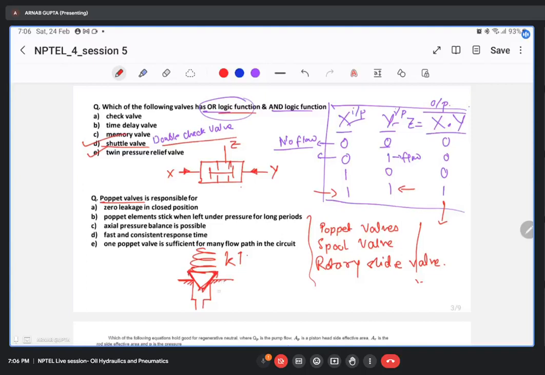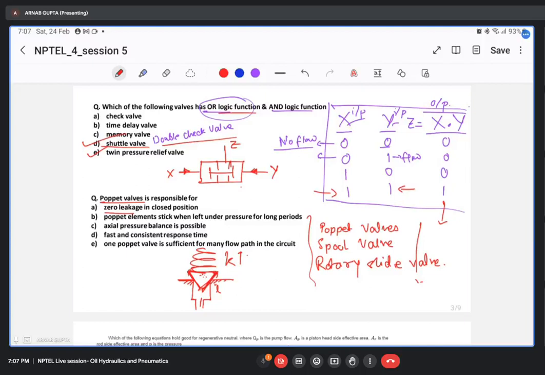Then you can ensure that there is zero leakage. So in closed position, positive contact is there, and hence you can ensure minimal or zero leakage, almost negligible.